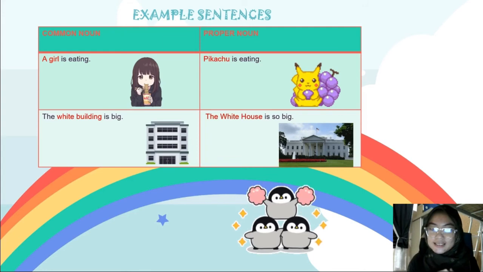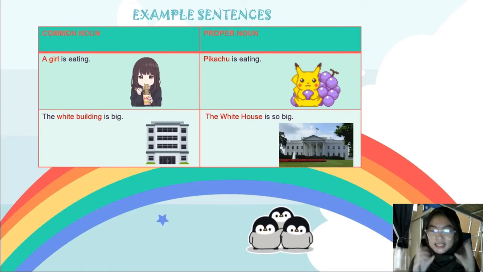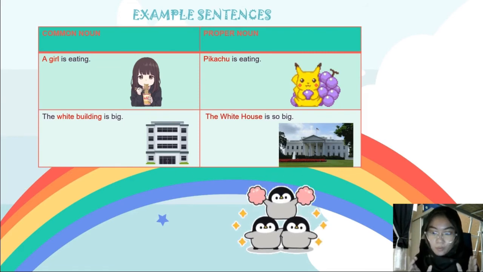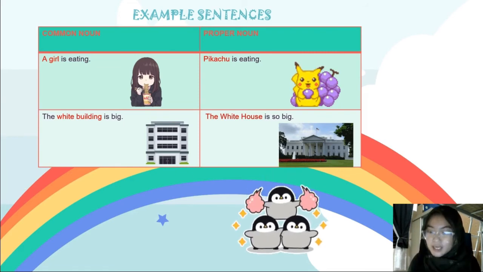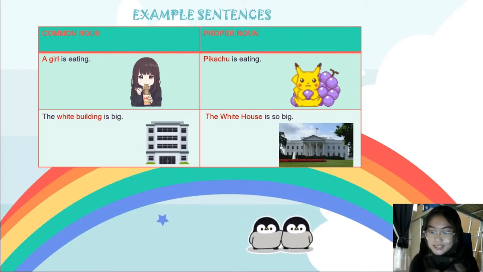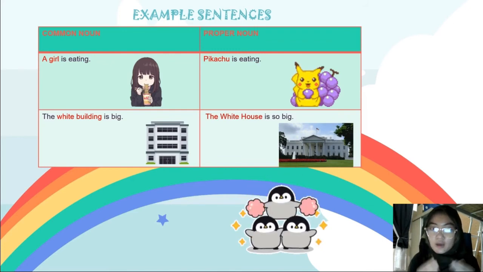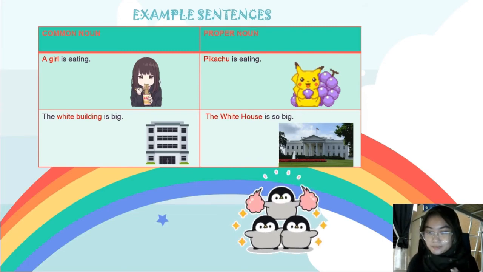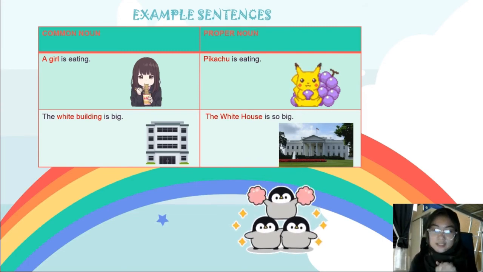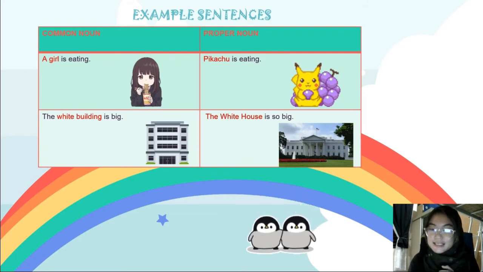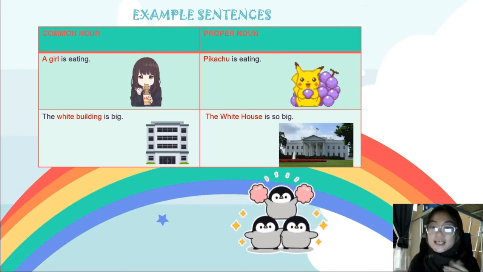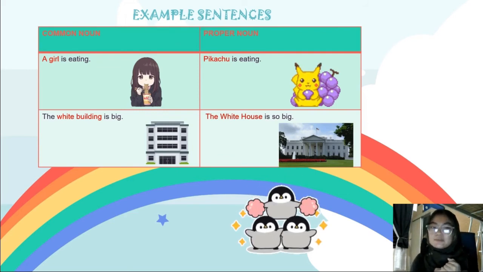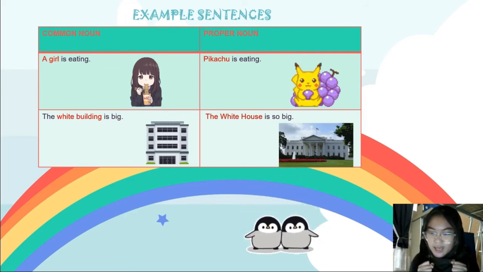And you know it is called Pikachu, not a yellow creature or a small tiny creature, no. Instead it is called Pikachu because we all know who Pikachu is, where she came from, what is the function of the character, what does she do in the cartoon. We all know who Pikachu is, right? Hence, it is called a proper noun. Pikachu is eating.